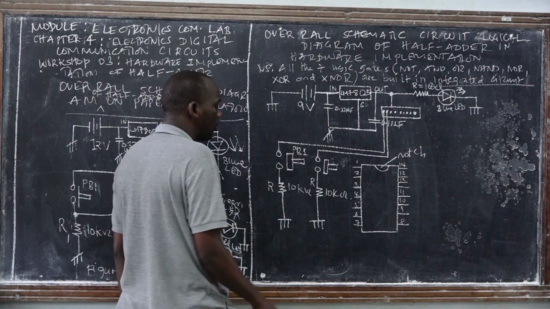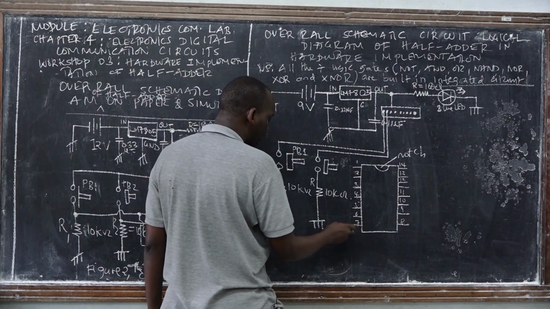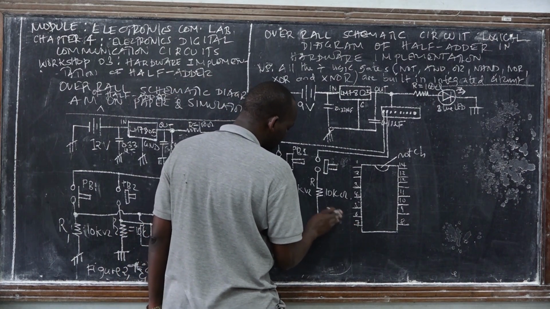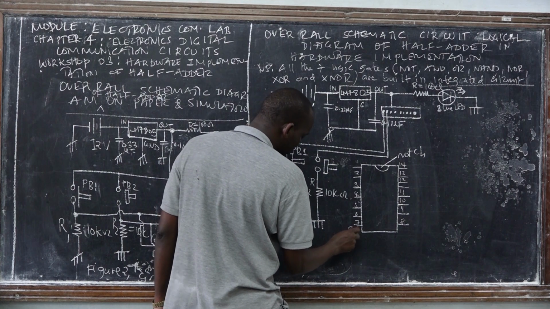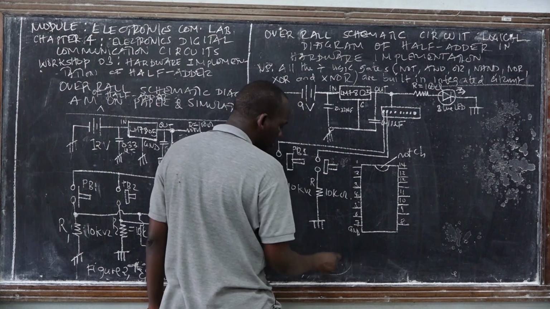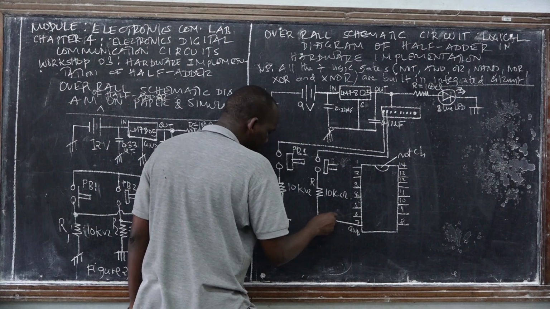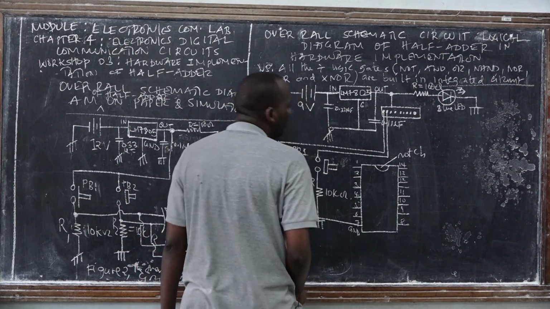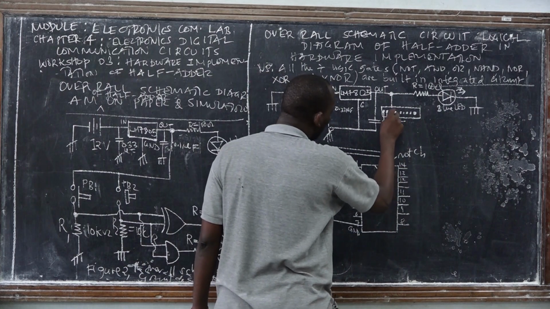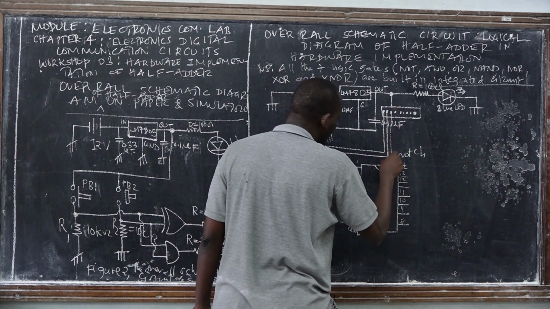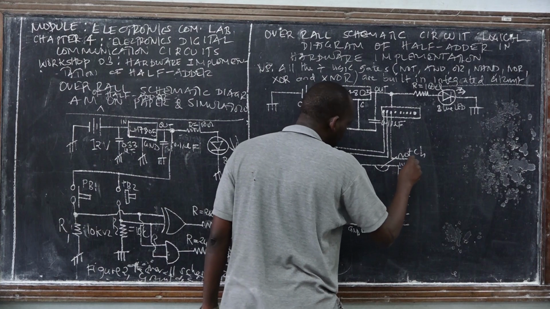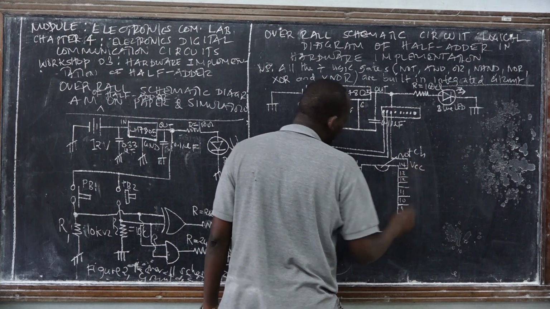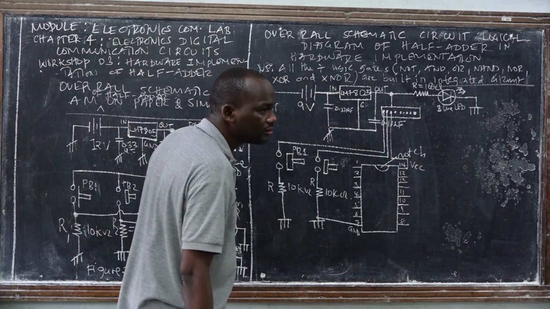Then if we label the pin name of pin number 7, this is called the ground. Say ground. So this pin should be connected to the ground. And then pin number 14, this we call VCC.